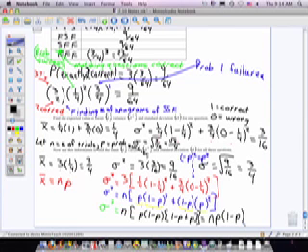So then, if that's our variance, what would we do to that to get our standard deviation? What's that? Square root, right? So that's basically telling us that our standard deviation will be found by taking the square root of np times 1 minus p.